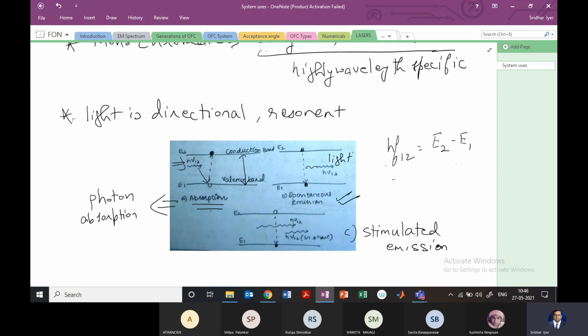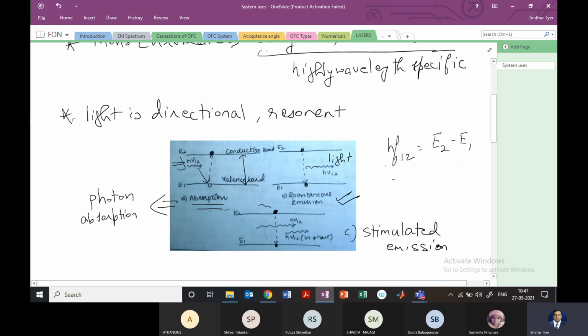Now in the third diagram, we can also induce or stimulate a downward transition. We can also stimulate an upward transition. We can also make a stimulation for a downward transition. So what diagram C shows is stimulated emission, where there is an electron which has already reached the conduction band. We are not waiting for this electron to fall down to the valence band itself.